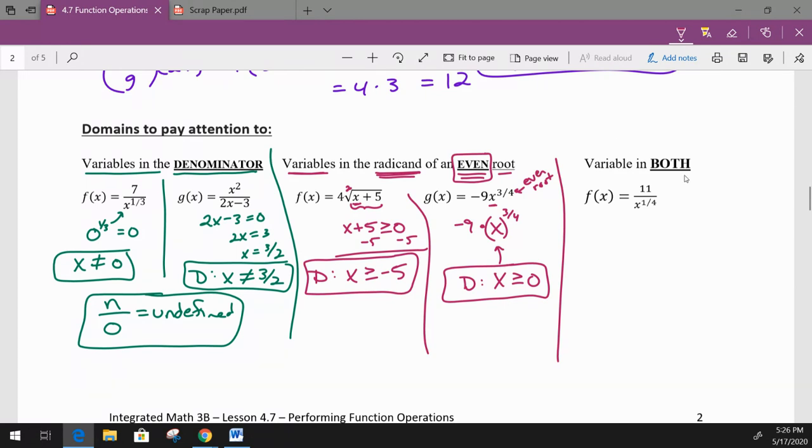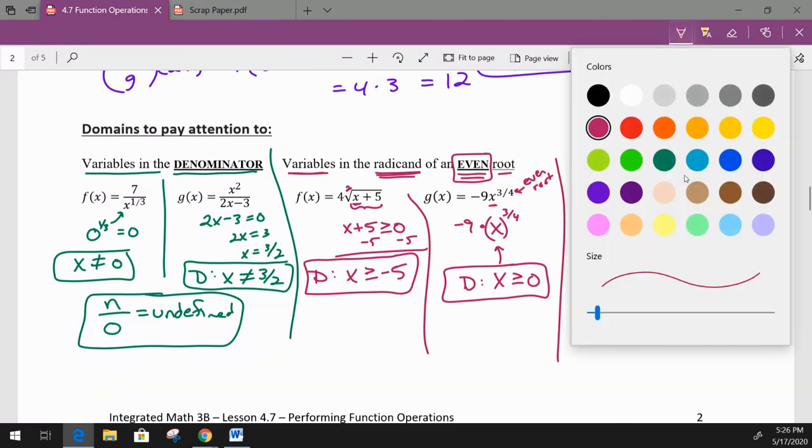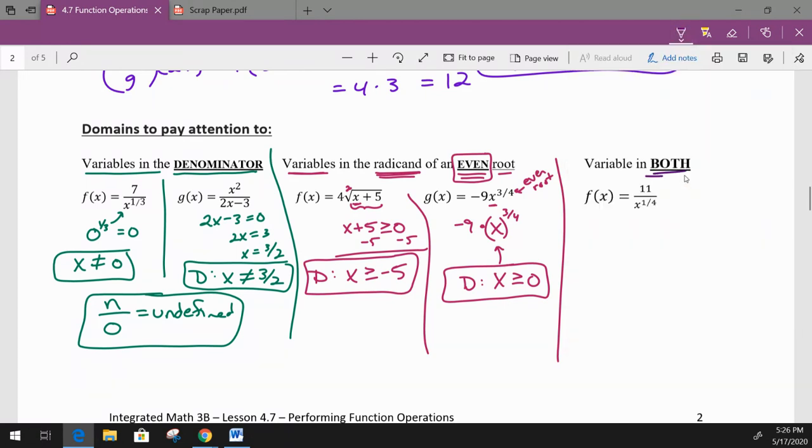All right, so then our third scenario: what if you have both situations? What if there is a variable in the denominator? If it's in the denominator, then it can't equal 0.